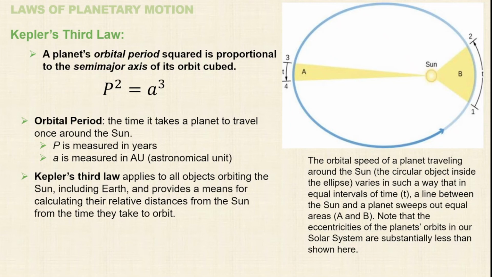How long does it take to go around the Sun once? Just by knowing its semi-major axis. And this law applies to all objects that orbit the Sun, or all the moons that orbit the planets, or all other asteroids that orbit the Sun.